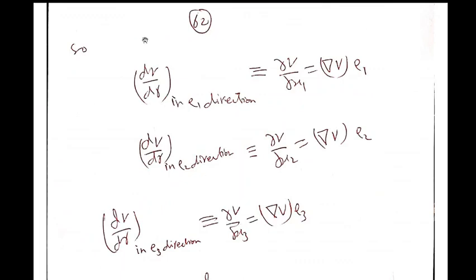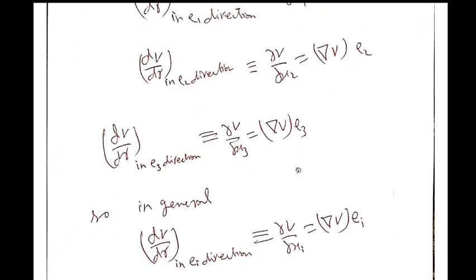We can write dv by dr in the e1 direction; it would be partial v partial x1, gradient of v e1, then gradient of v e2 in the e2 direction, partial v partial x2, then the e3 direction.